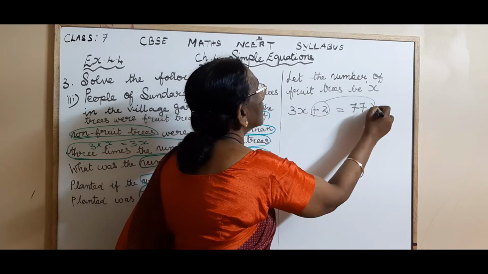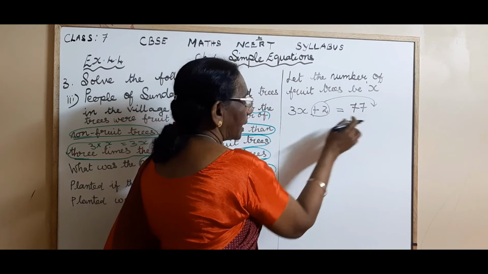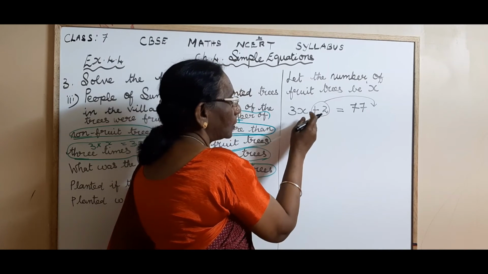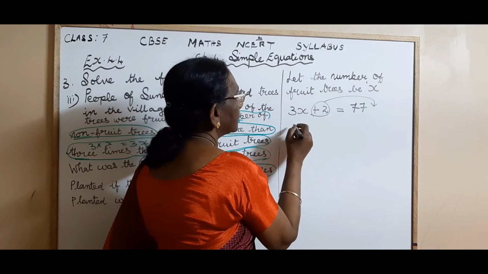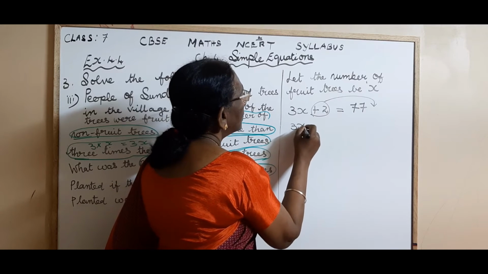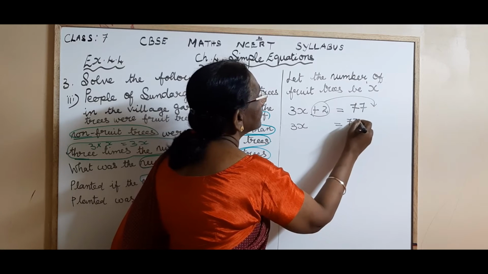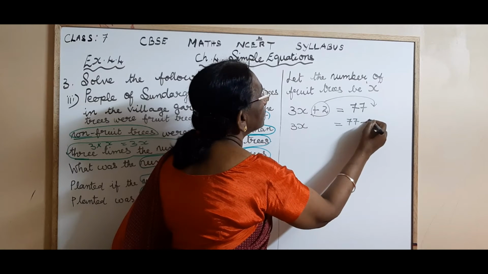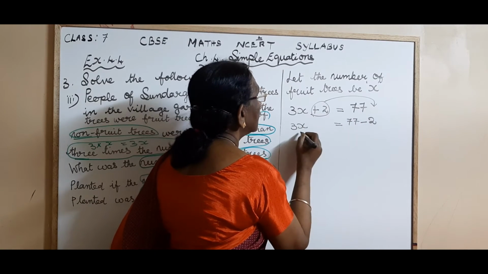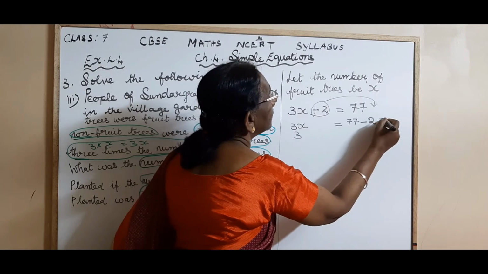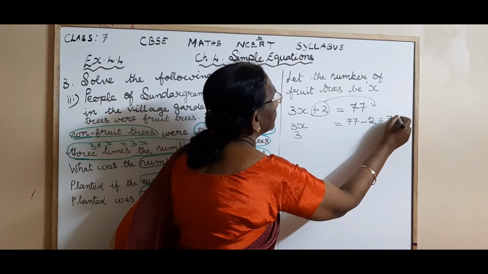First you bring plus 2 to the RHS. That is, transpose plus 2 from LHS to RHS. So only 3x will be left. It will be 77 minus 2, addition becomes subtraction. So 3x is equal to 75.